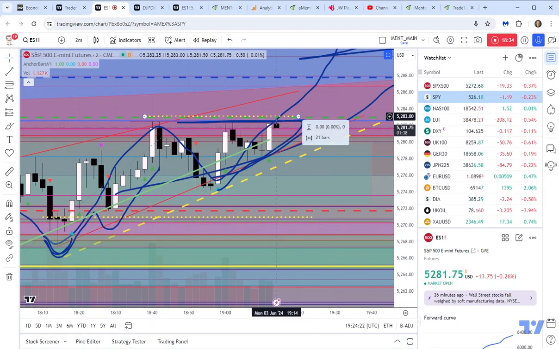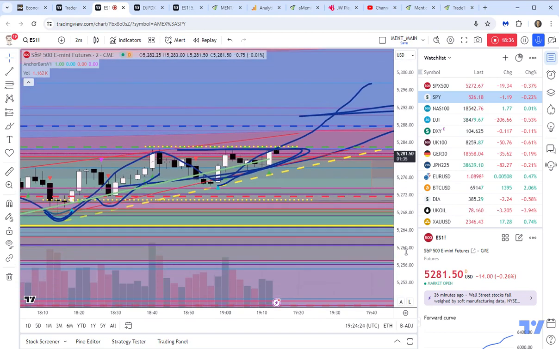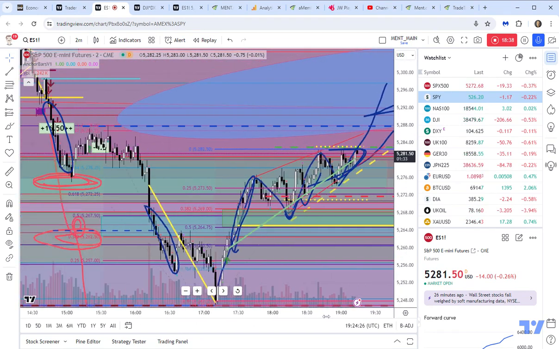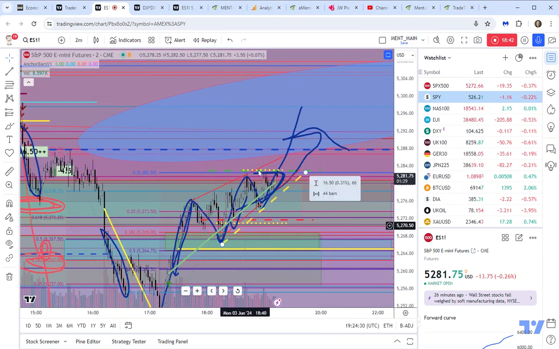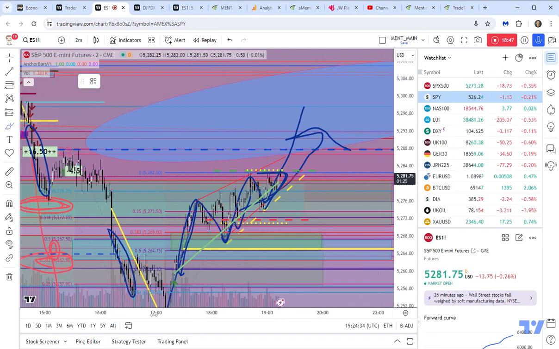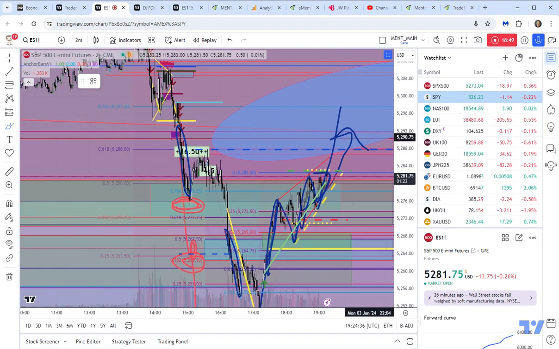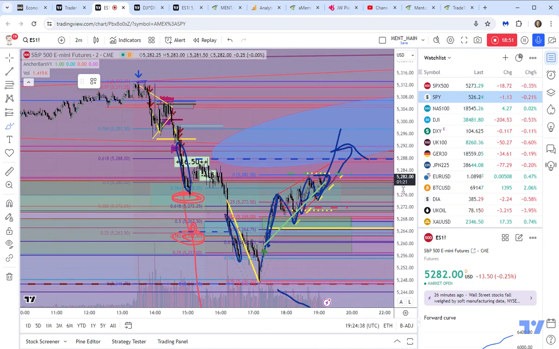We need to break out above this level, getting above this level to go ahead and try to get any type of upward movement. And remember, we would be looking for support or resistance in this case to form in this area right here. So we're going to take a look at this. And remember, we're looking at previous levels of resistance. So here we have our 382 to 50.